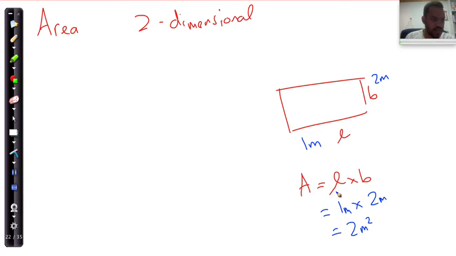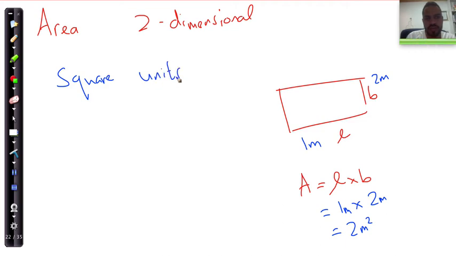The first thing to note is that area is measured in square units, right? The units are squared.